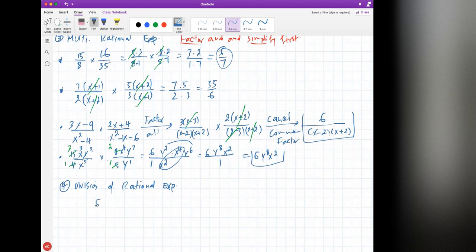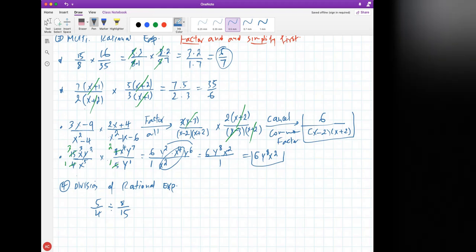So you have 5 over 4, divide maybe 8 over 15. So how do we divide fractions again in general? What do we do first when we divide fractions, everyone? Simplify.